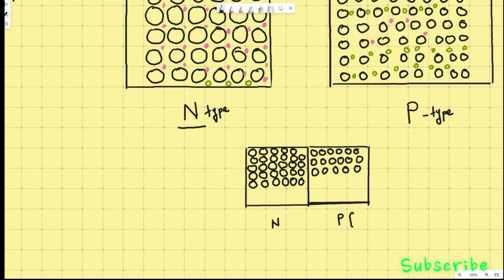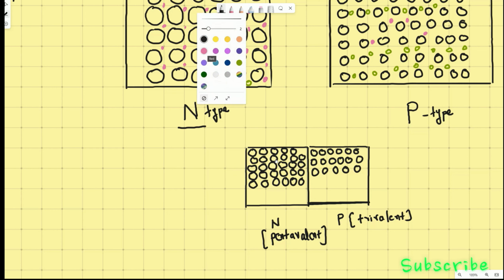So these are the trivalent impurities which are being shown in the form of those circles, and these are the pentavalent impurities. And let's draw the diagram. So this has electrons, right?